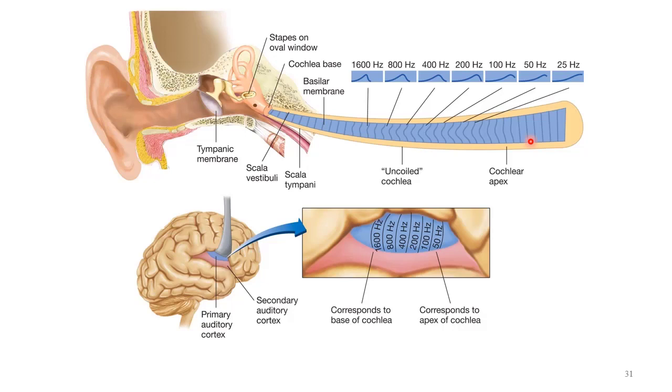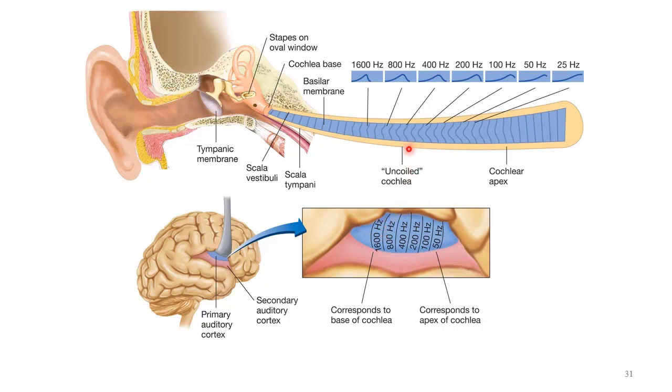Another important thing that goes along with our localizationism or functionalism principles that we've talked about is that this map that we see in the basilar membrane corresponds perfectly to a similar map in the auditory cortex.